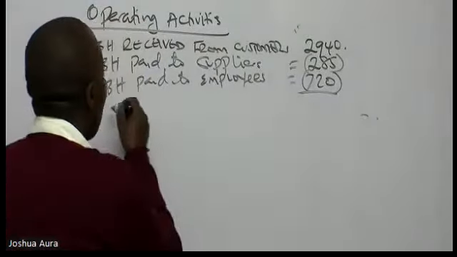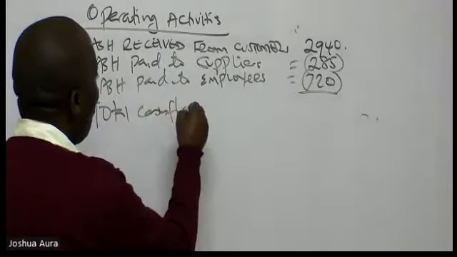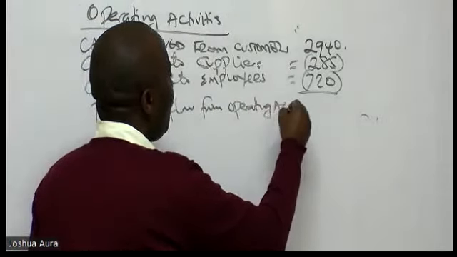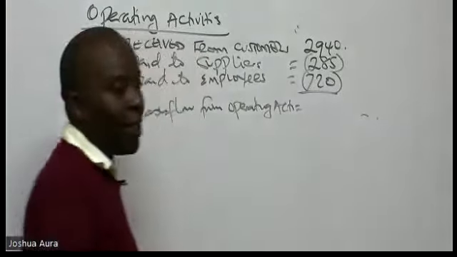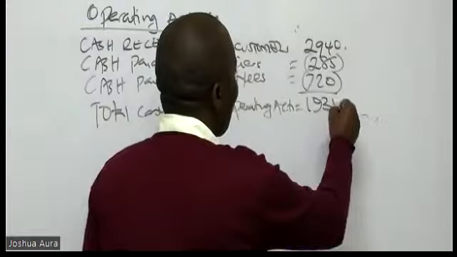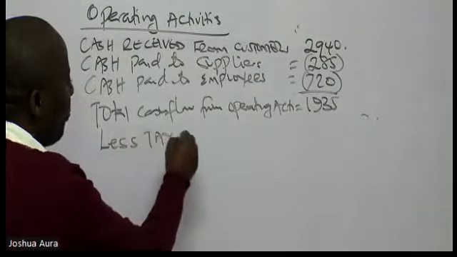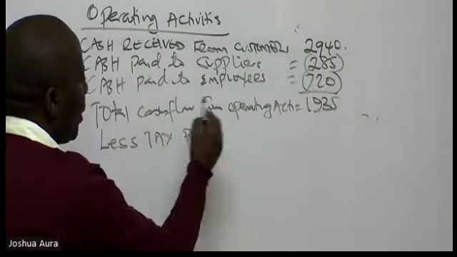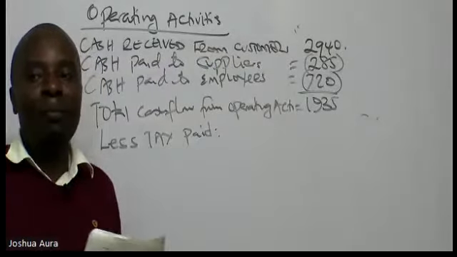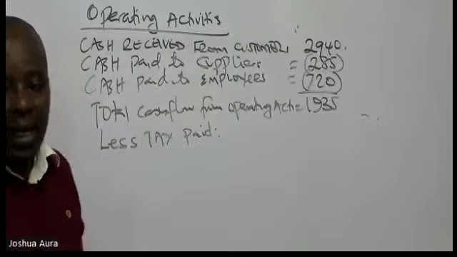Total cash flow from operating activities, 1935, and then we shall come and less what here? We less the tax paid. So tax paid, how much was it? We had already calculated this tax paid, if you remember, it is 3.